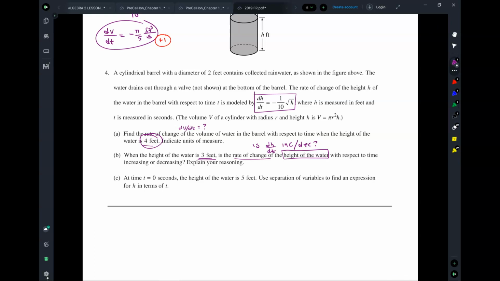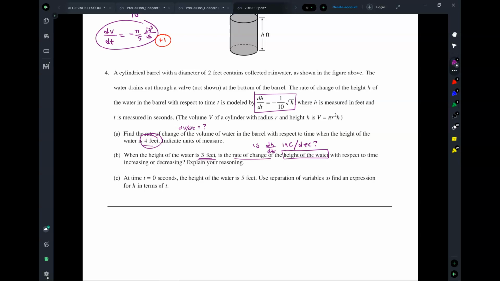So forget about the whole dH/dt thing. If I asked you, is f of x increasing, how would you be able to tell me yes or no? The derivative would be what? Positive. So if I ask you, is blah increasing, you have to take the derivative of blah and see if it's positive or negative.